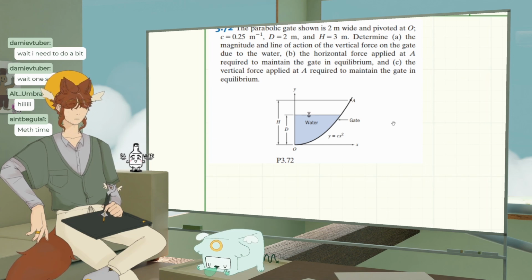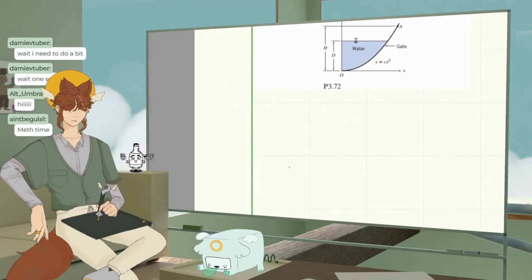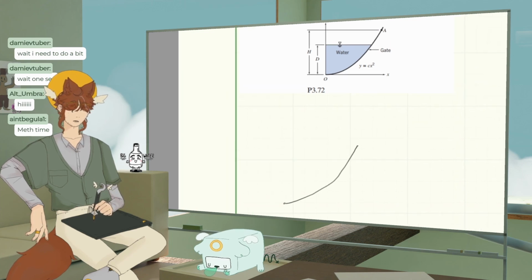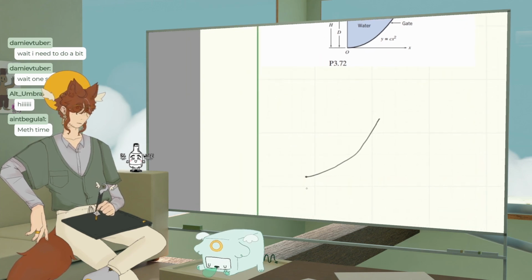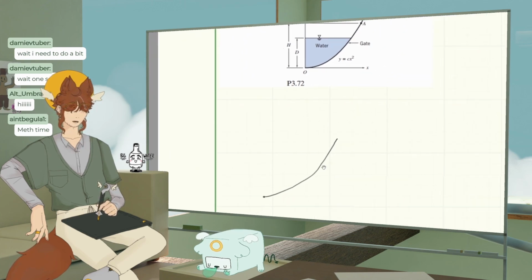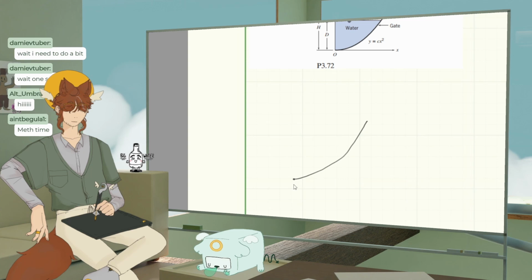All right, so first off, let's draw our free body diagram. We need an FBD of this little dude. So this is, to the best of my ability, our C x squared. We've got a pin at O, so we got some forces there. I probably should do a coordinate system first. Actually, I'm going to hold off on that. We'll do these first.